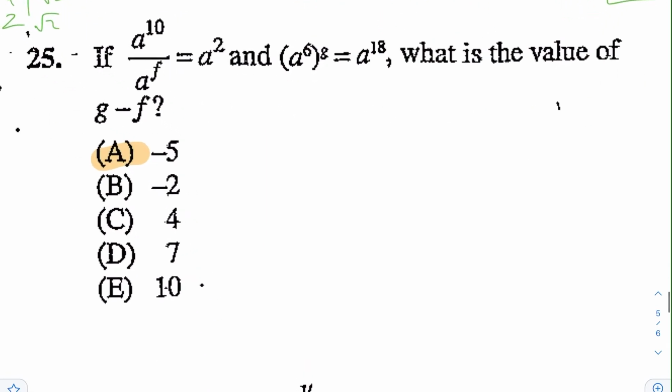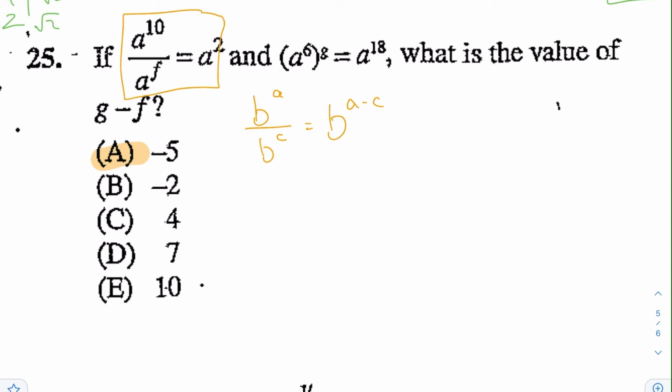Next for 25, if a to the 10th power divided by a to the f power is equal to a squared, and a to the 6th raised to the g power is a to the 18, what is the value of g minus f? Okay, so here you have to use the laws of exponents. Specifically for the first one, you have b to the a divided by b to the c is equal to b to the a minus c. When you divide two exponents with the same base, you need to subtract their exponents.